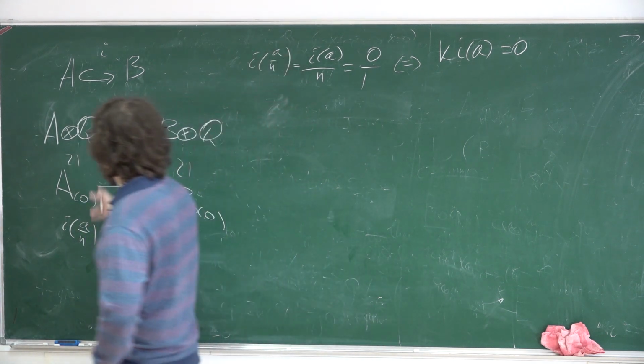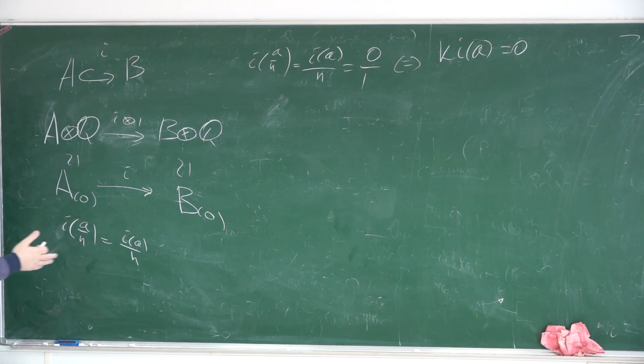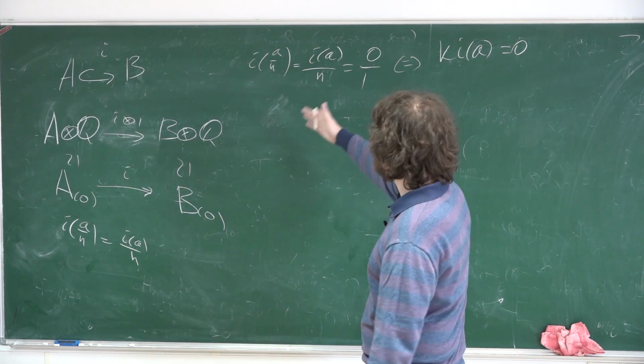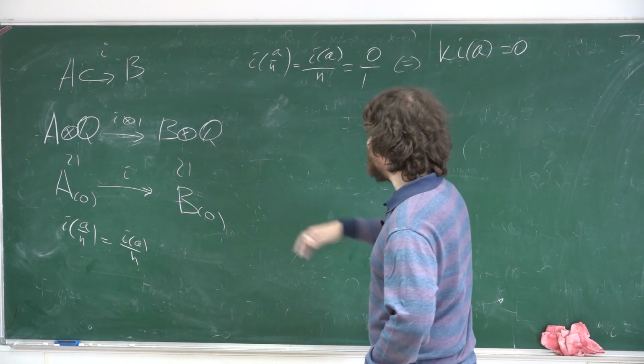If you check, then on localization, this acts in this way. We took some element. To check that it's injective, let it be in the kernel. This is 0 in my localization group.